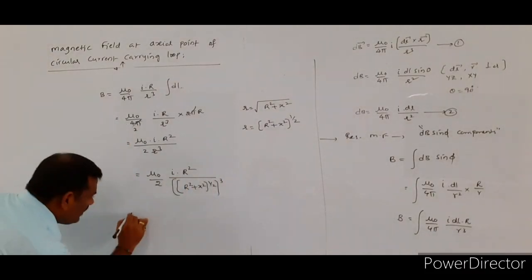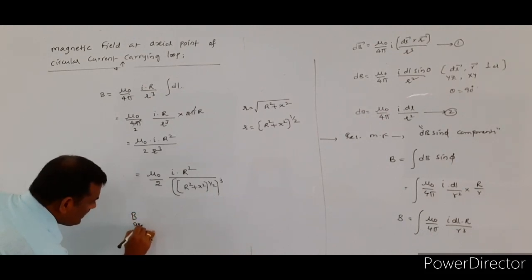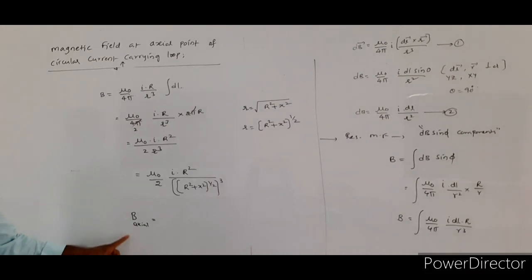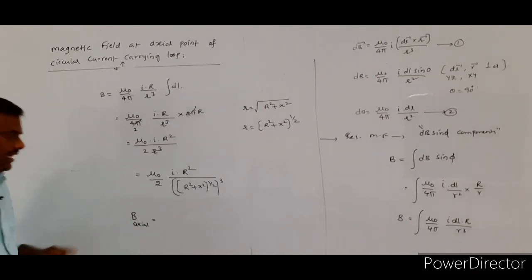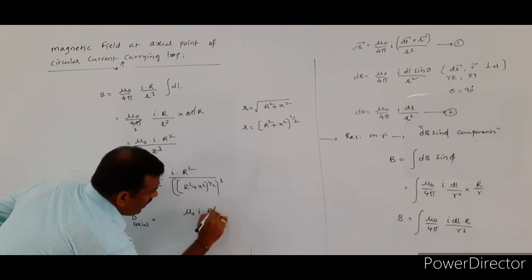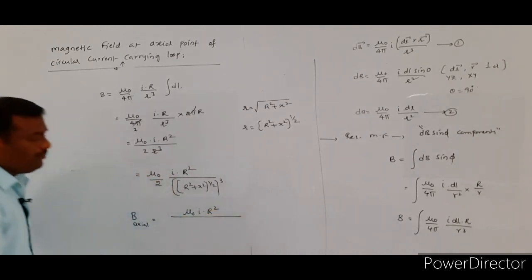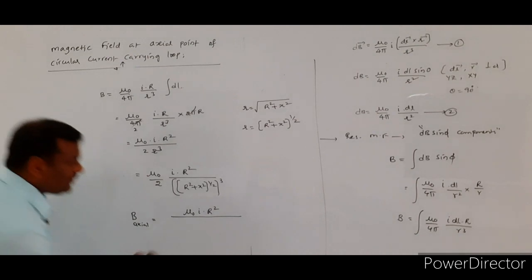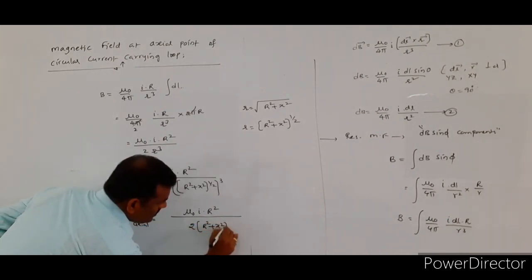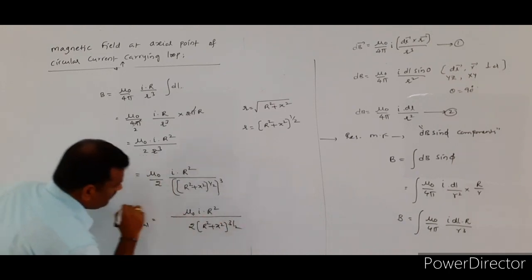So therefore, the resultant field intensity at the axial point, the final formula, is mu naught into I into R square by 2 into R square plus x square whole power 3 by 2.